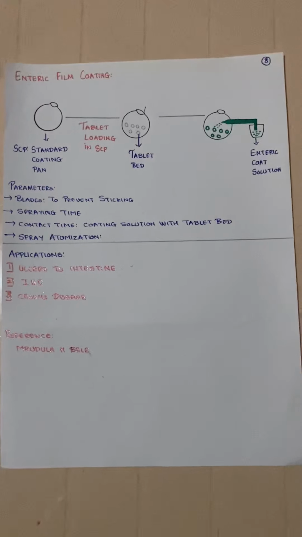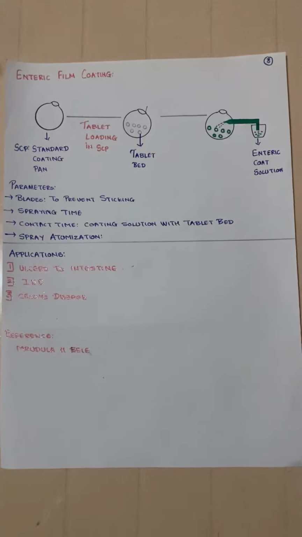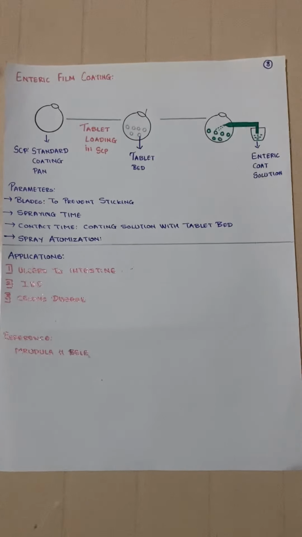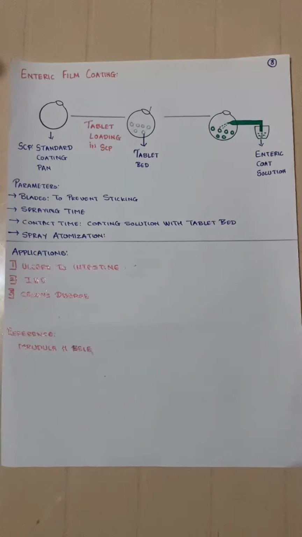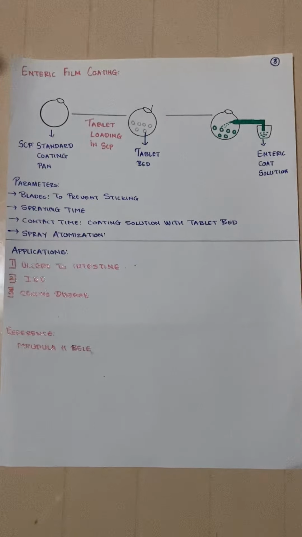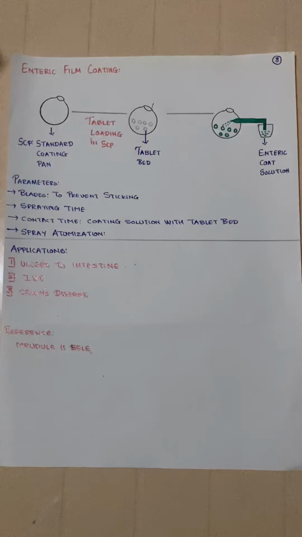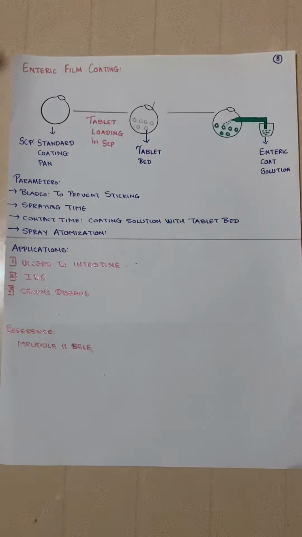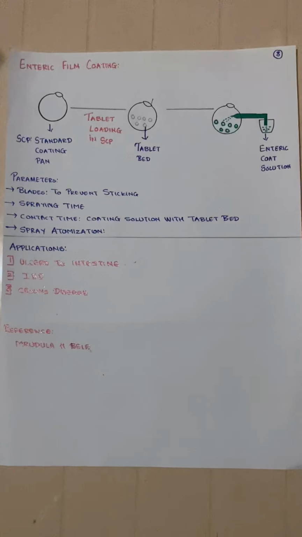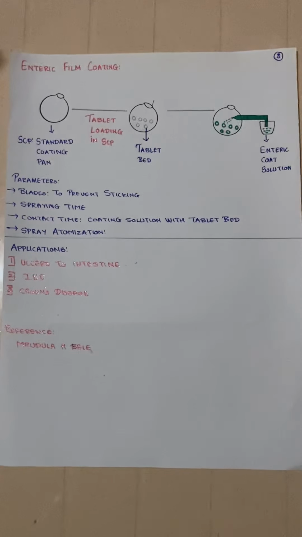Third is the contact time of the tablet bed and the spraying gun nozzle. And spray atomization, the concept of larger atomization, lesser atomization, over wetting of the tablet, under wetting of a tablet, which in turn produces an undesired tablet. To prevent the formation of undesired tablets, spray atomization also has to be taken into consideration and optimized.